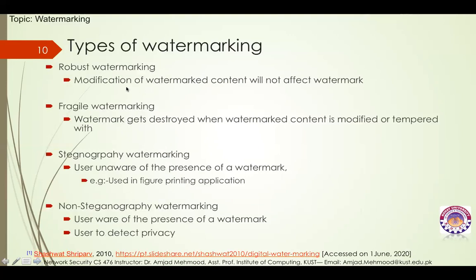Robust watermark means modification of the content will not affect the watermark. Fragile watermark means it gets destroyed when the content is modified or tampered with. In steganography watermarking, the user is unaware of the presence of a watermark, whereas in non-steganography watermarking, the user is aware of it.